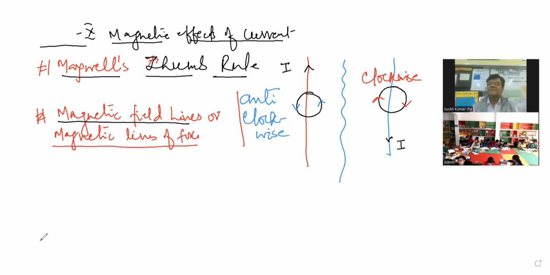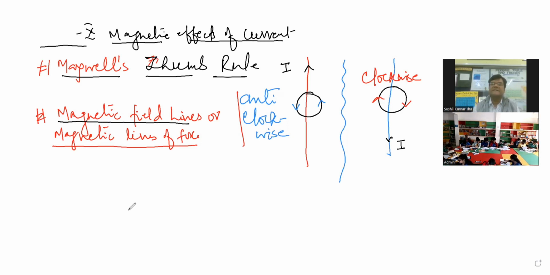Now let us draw these lines and then we'll be able to understand it in a better way. So all of you give the heading: magnetic field lines around a bar magnet.